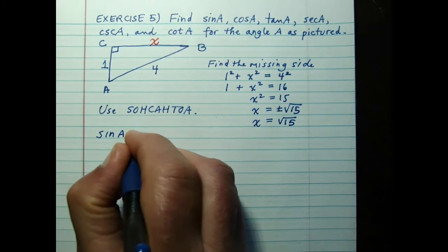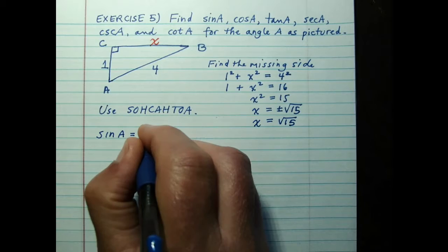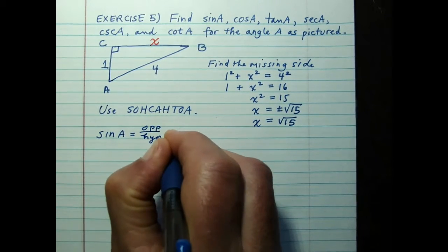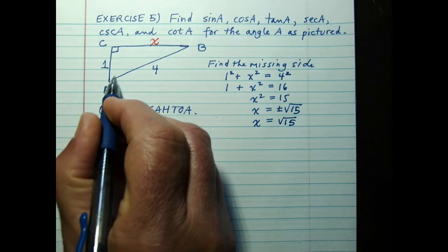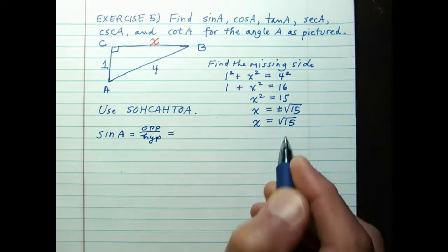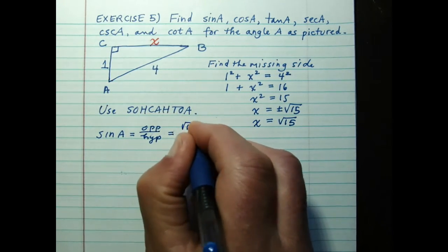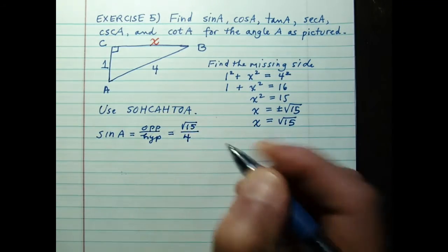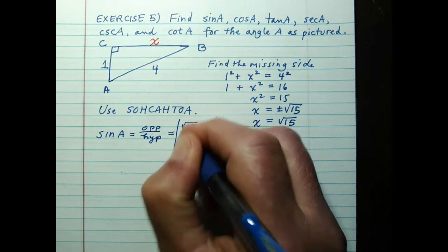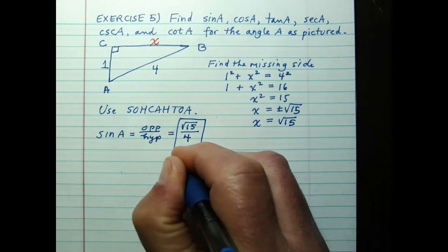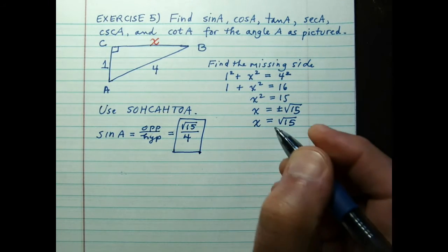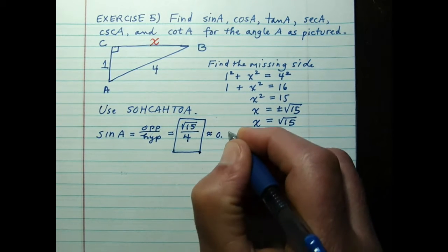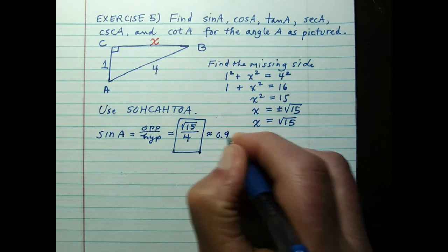Sine A is opposite over hypotenuse using SOHCAHTOA. So let's see, from A's perspective, the opposite side is x, that's square root of 15, over the hypotenuse, 4. And there's our sine of A. And just for the record, the decimal is 0.968.